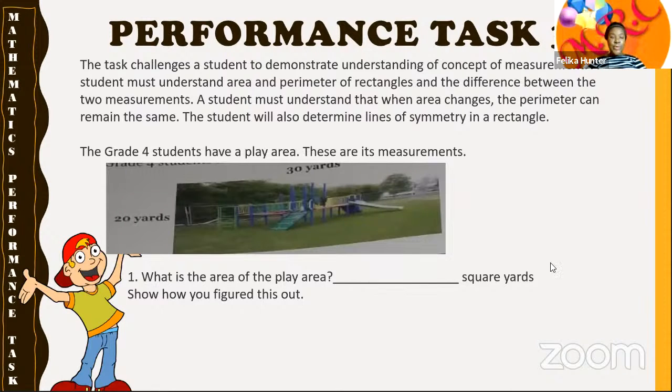All right. So we must know how to find area, how to find perimeter, and we're also being challenged to understand that when area changes, the perimeter can remain the same. So that's three things that you will be tested on.